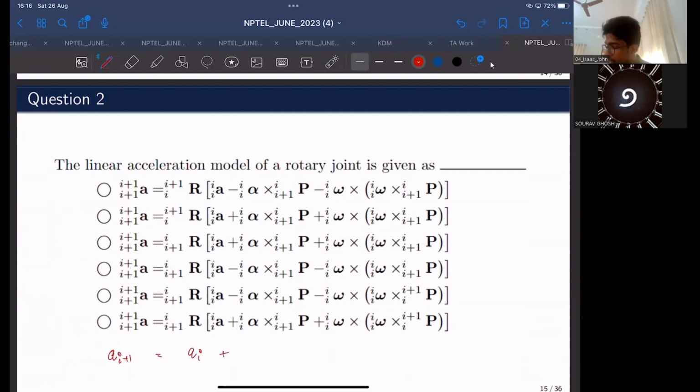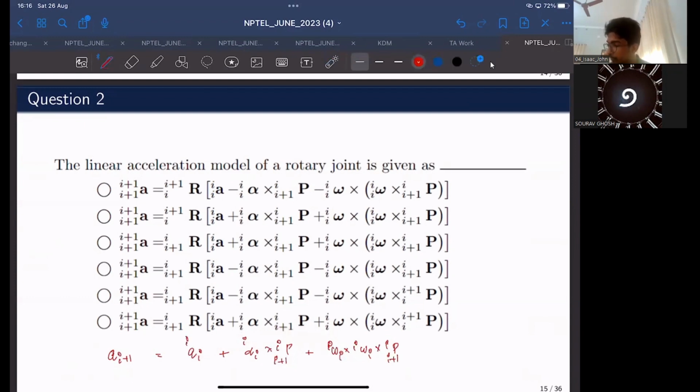Then we'll also have the tangential acceleration component, that would be alpha I cross the link length I+1. And we also have a centrifugal term, omega I cross omega I cross IP I plus 1. And if you are familiar with the DH notation, these are all expressed with respect to the ith frame.